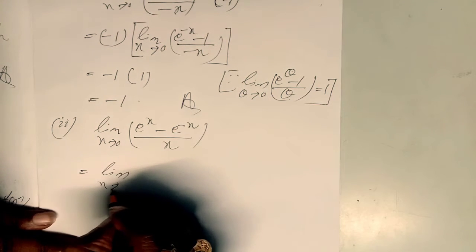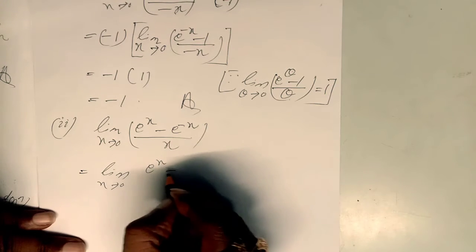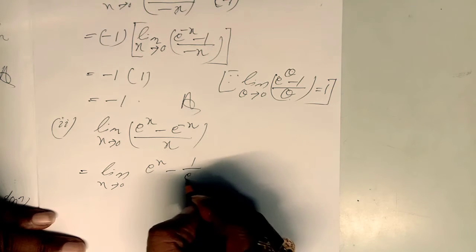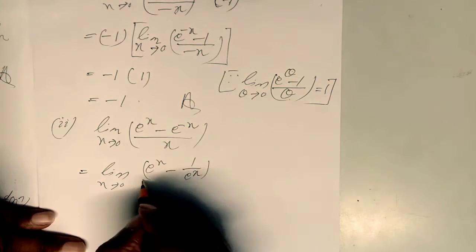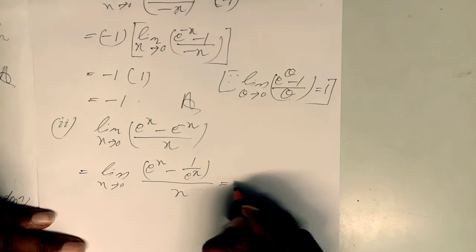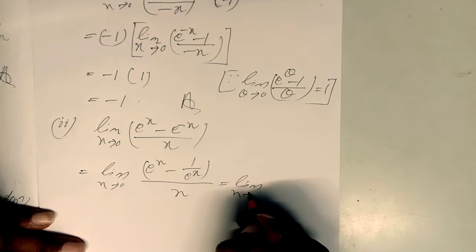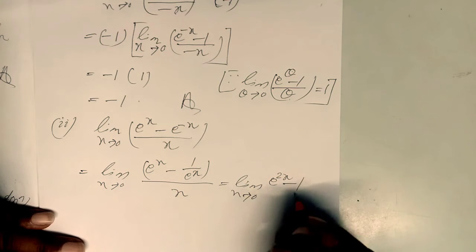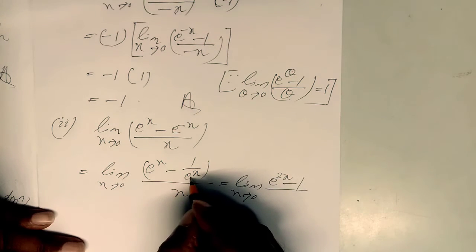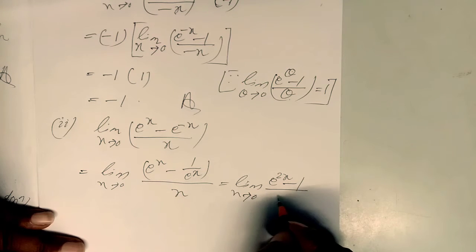How? e to the power minus x will be 1 by e to the power x, no doubt. A negative power given, you make it positive power, 1 by this. Now limit x tends to 0, this will be (e to the power 2x minus 1) by x, and the e to the power x comes down into the denominator, that means x into e to the power x.